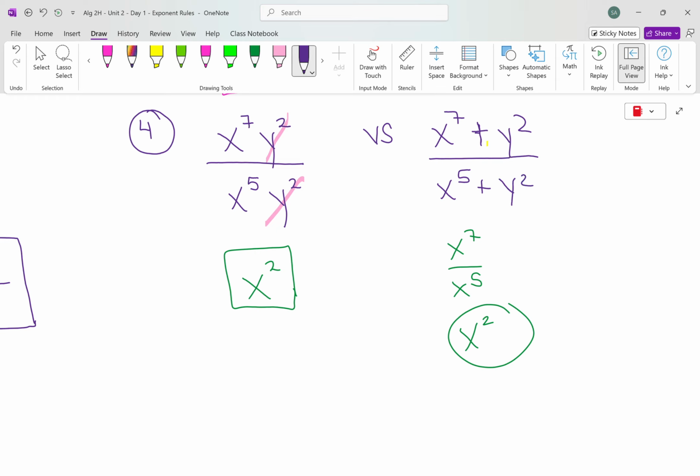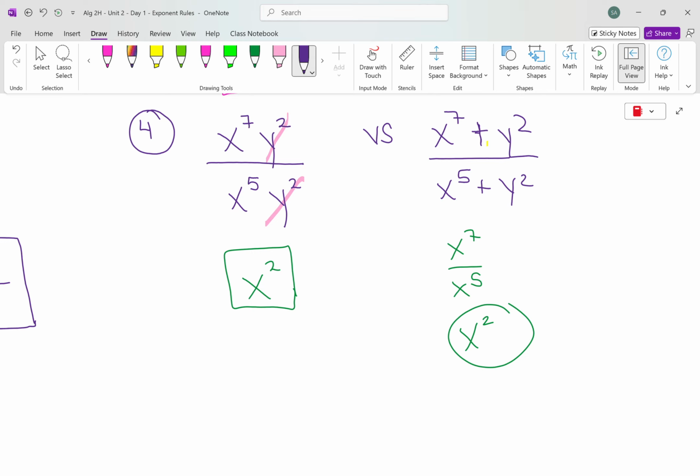So yeah, it's a little sad, right? You don't want to just kill part of the family. So what's happening here is you keep them together. So x to the 7th plus y to the 2nd. The minute we add that plus or minus now, they are a family. You cannot just cancel out part of the family. Either you cancel out the whole expression together or you leave it as it is.